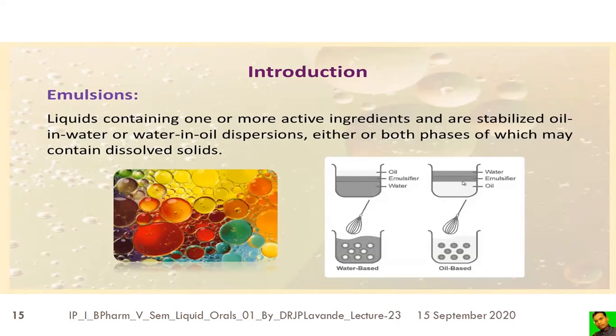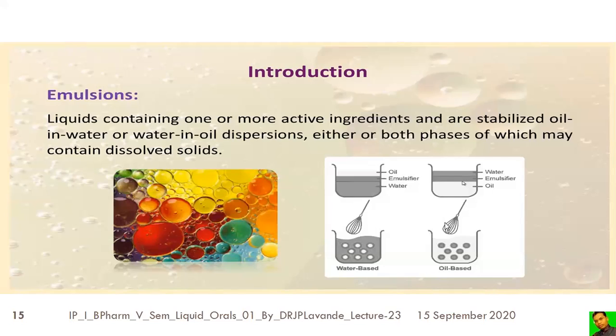So either the oil will contain the medicinal component, or the aqueous phase will, or sometimes both will contain the active pharmaceutical ingredient, based on its partition coefficient, its dissolution, and its solubility in both phases.